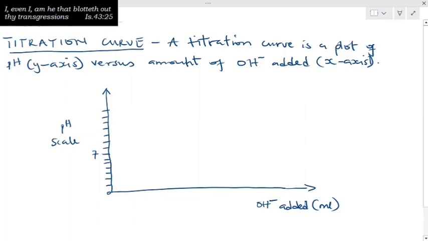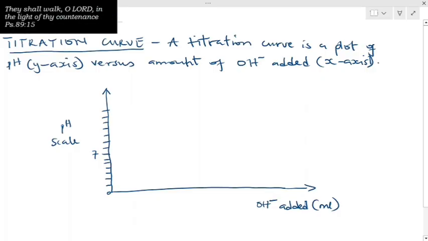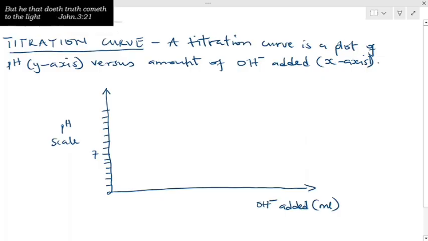As you continue to add your OH, representing the base, to the acidic solution, the pH begins to rise from the acidic medium.